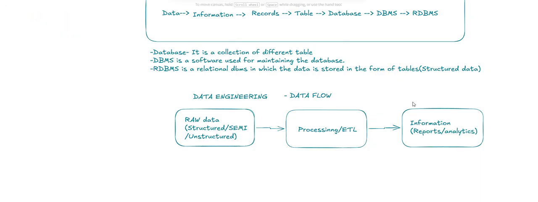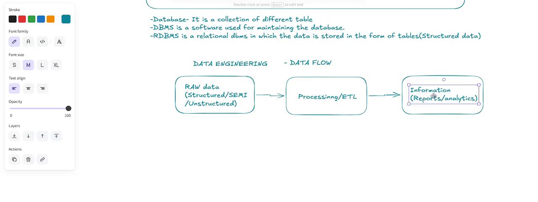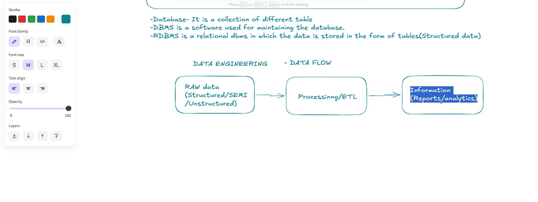Okay, so this is the data engineering workflow basically, in which first of all the raw data is collected, which can be in the form of structured data, semi-structured data, or unstructured data, which is then processed properly in the ETL pipelines, which is then converted into the information, which is nothing but reports, which are generally used for reports and analytics afterwards.